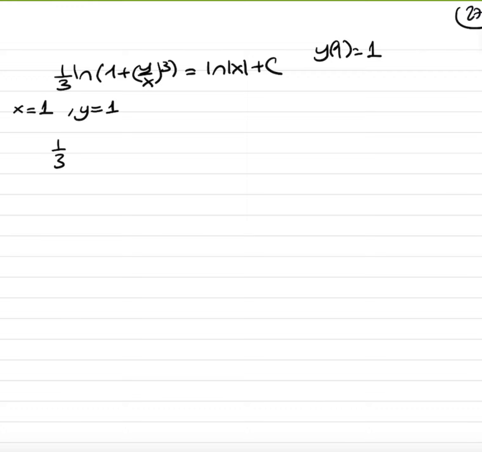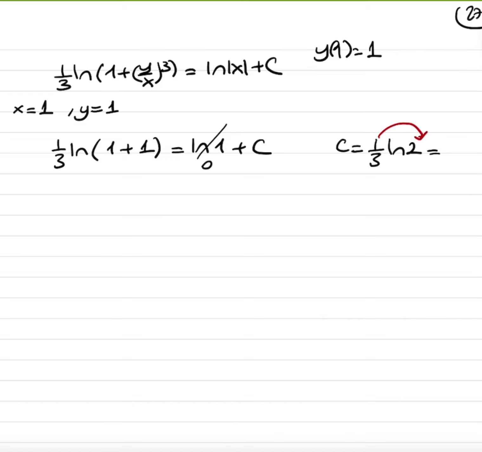So what we have, 1 over 3 ln of 1 plus 1 cube, equals ln 1 plus c. So ln 1 is 0, and c is equal to 1 over 3 ln 2, or you can write it like this. You can take 1 over 3 to the inside, so it is ln 2 to the power 1 over 3. So you can also have this.